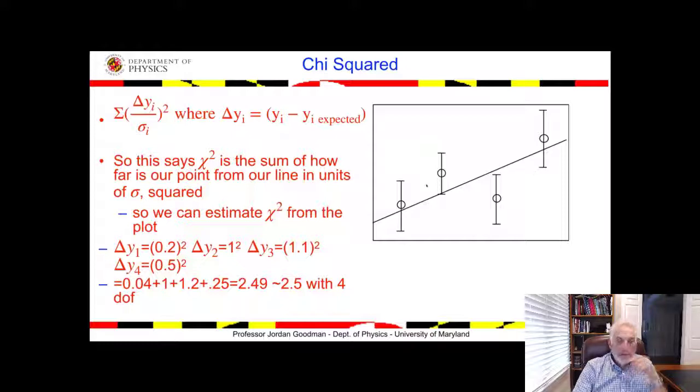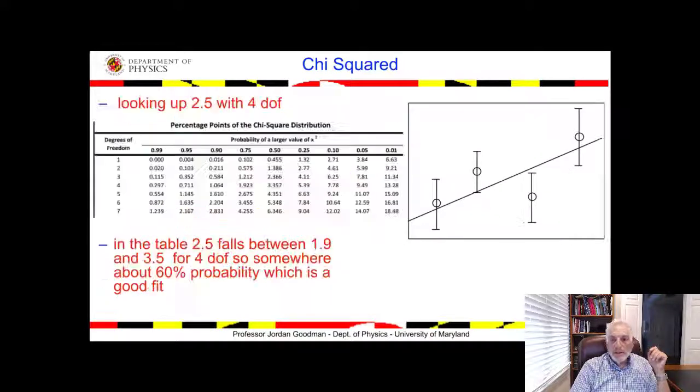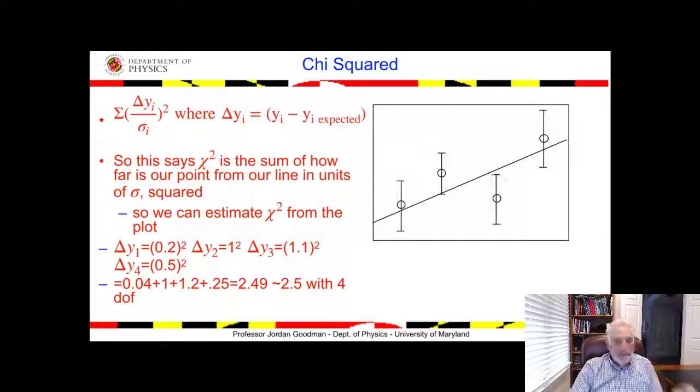So we would like to look at our plot. If we look at this first point, we might estimate that this is about 0.2 of a standard deviation. It's about 1/5 of a standard deviation. So we write down here 0.2 squared, okay?